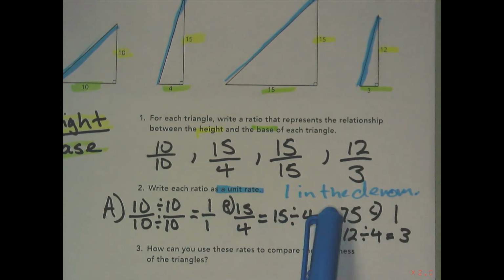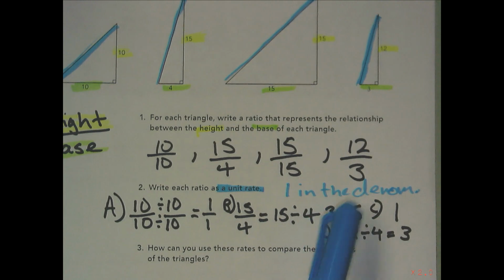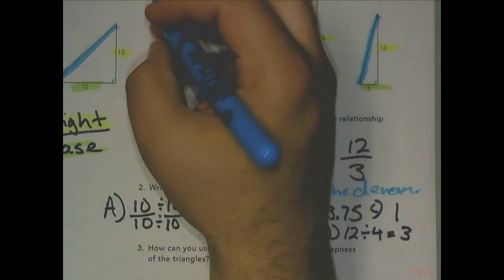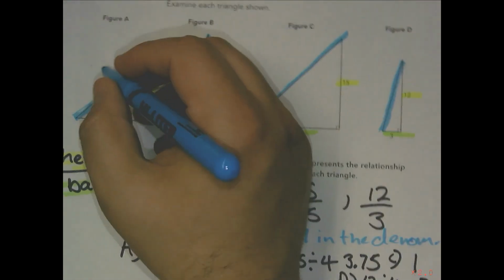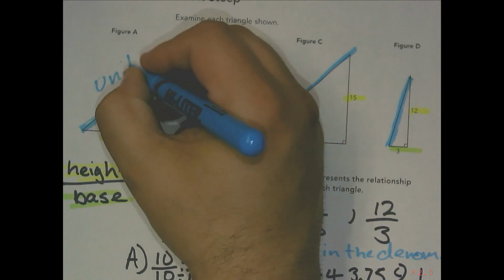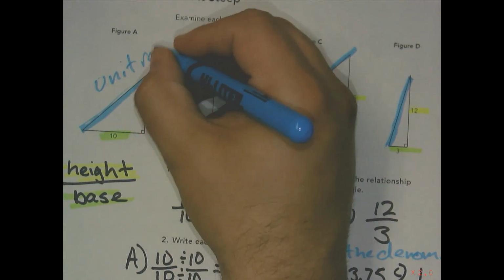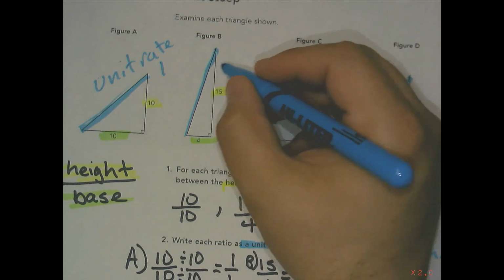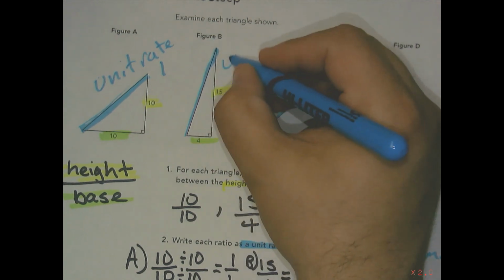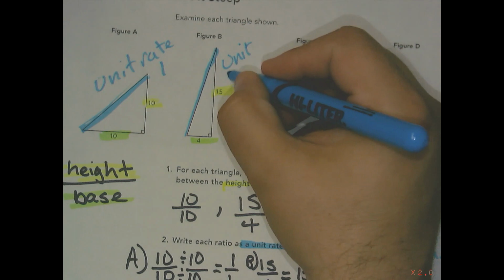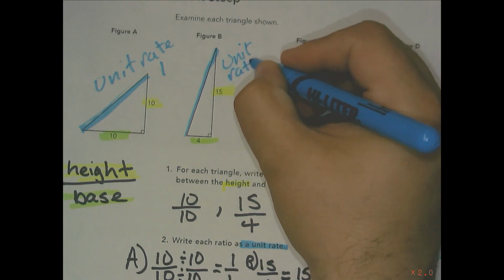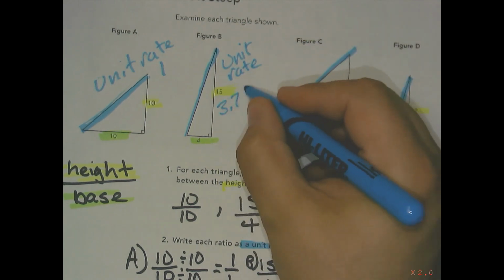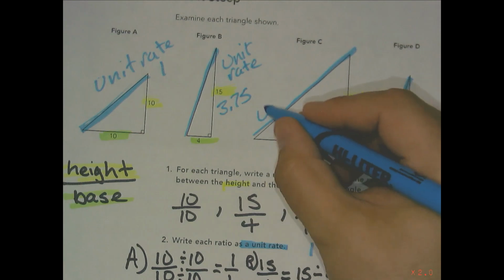Now what do you notice about the ratios, the unit rate? This one is 1. This one is 3.75. In other words, if I look at the unit rate, whatever I write down, you write down. This one has a unit rate of 3.75.